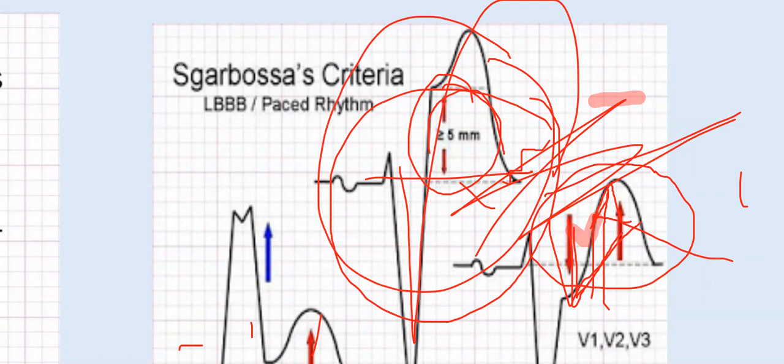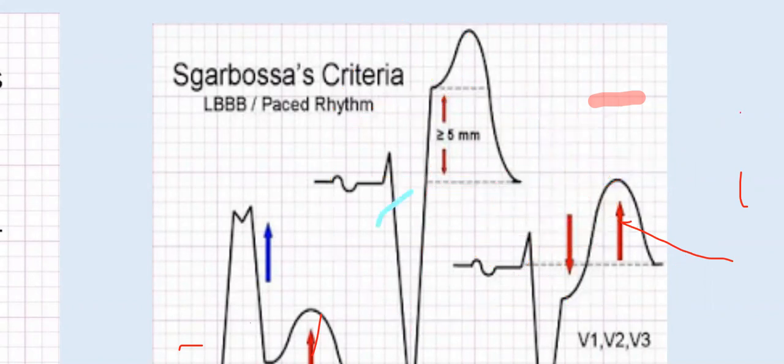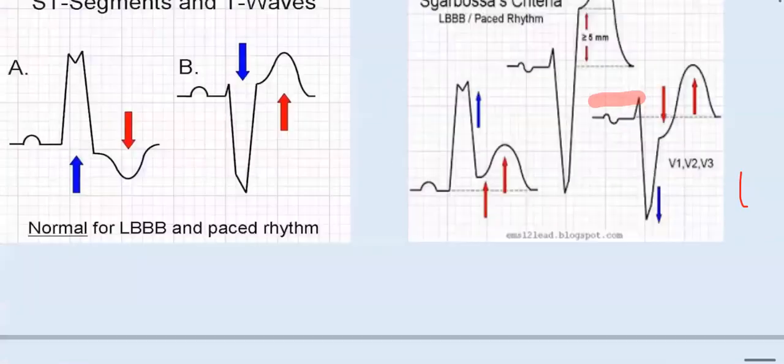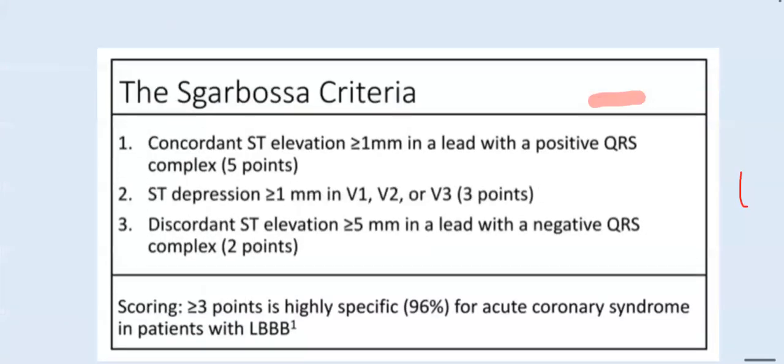Now, like the doctora asked, which leads and stuff like that. Let me see here. Okay. If you have a concordant ST segment elevation more than 1 in a lead with a positive QRS complex, one lead, you give 5 points.